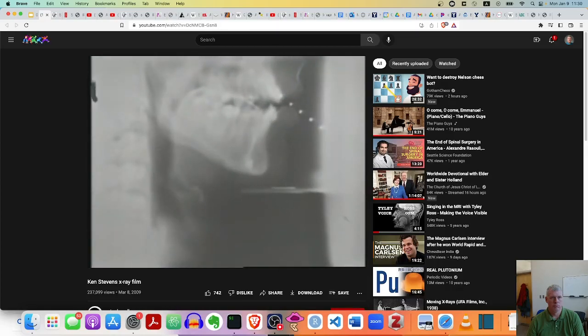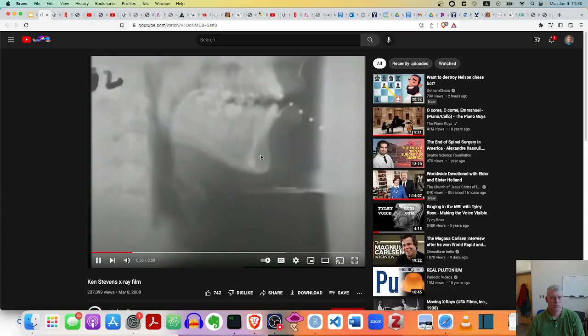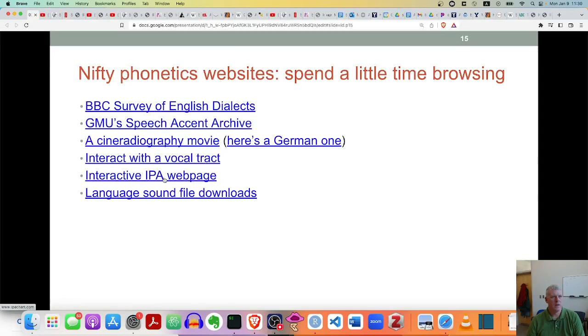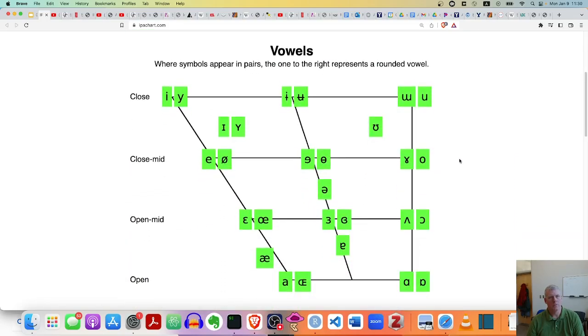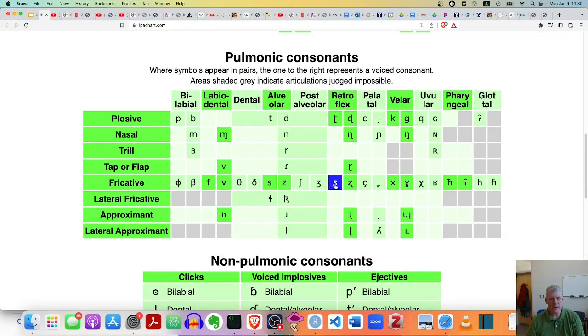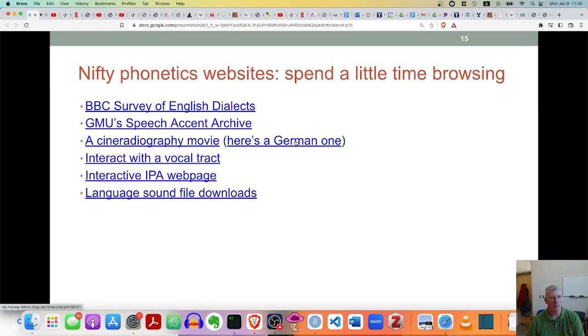Her pair, her tear, her care, her pa. You can see the tongue moving and the velum moving and the jaw moving, obviously. Take some time there. Here's an interactive International Phonetic Alphabet chart that we saw a couple minutes ago. You can listen to sounds. Here's sha, asha, sha, sha. So take a look at those websites.